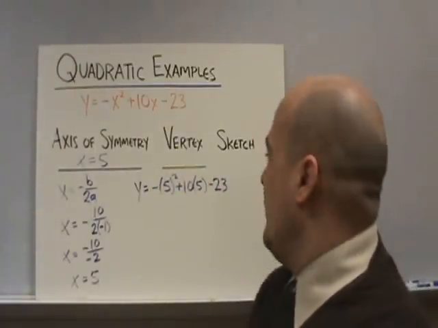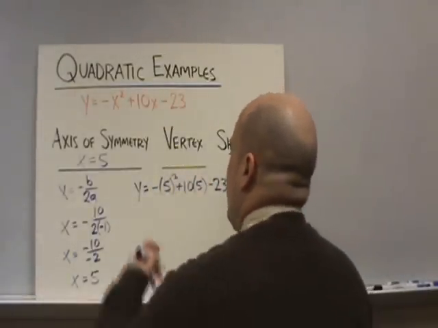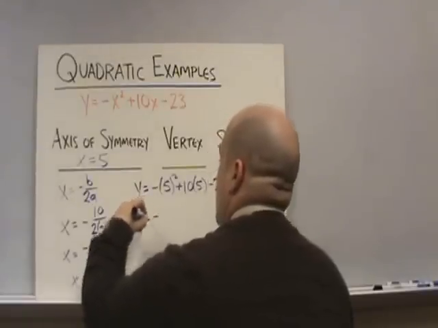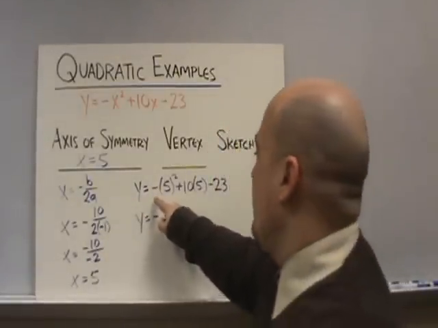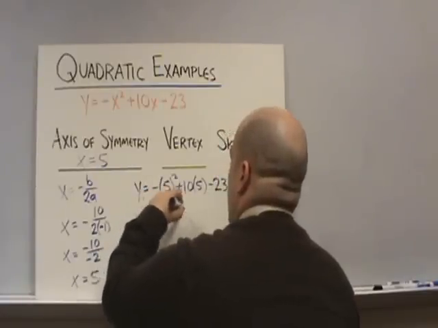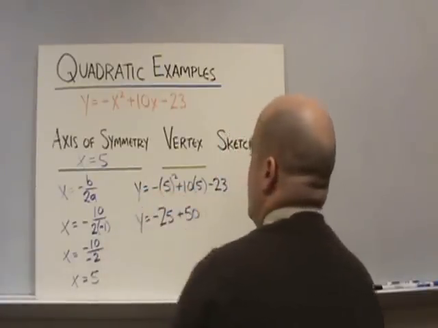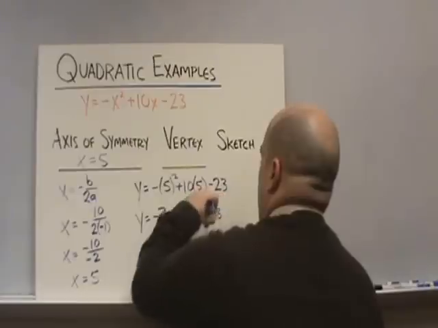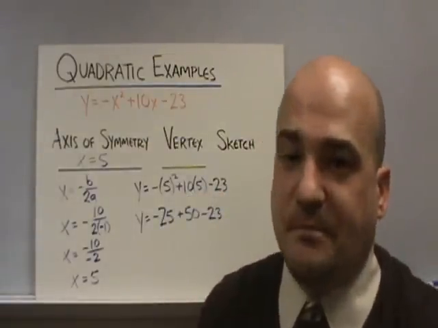Now if I just simplify all this, 5 squared is 25. And I've got that negative sign out in front. Don't forget about that negative sign. So I've got negative 25 plus 50 minus 23.